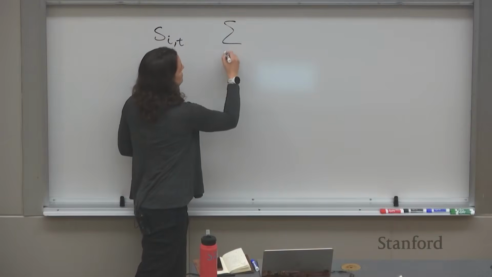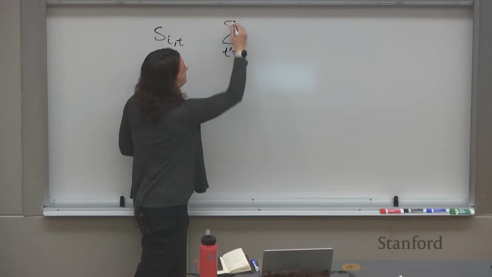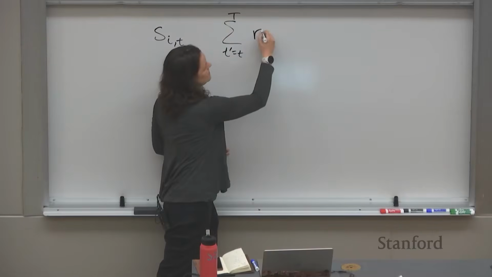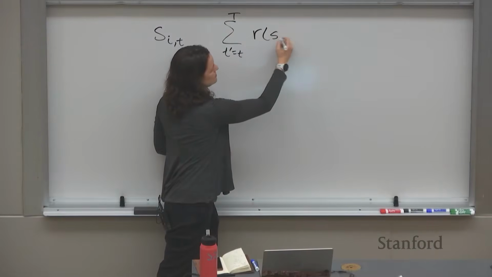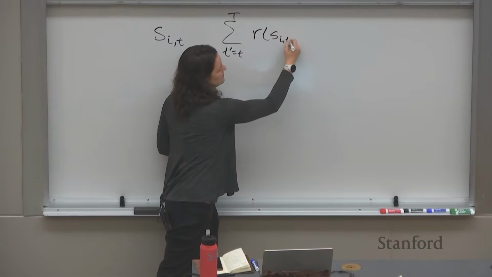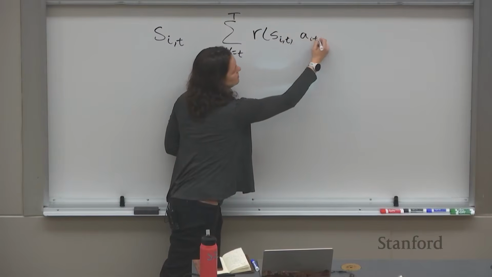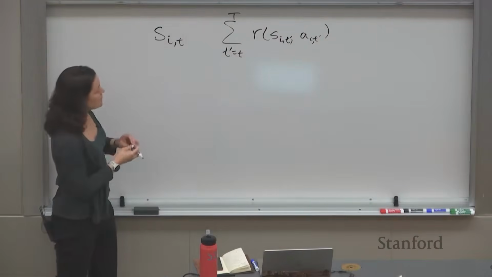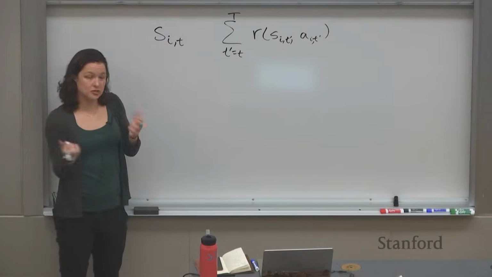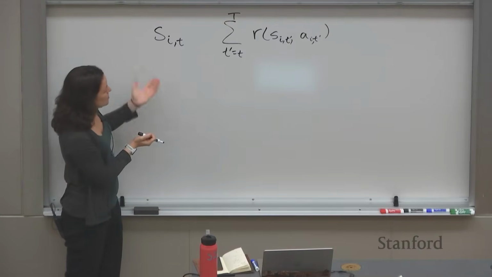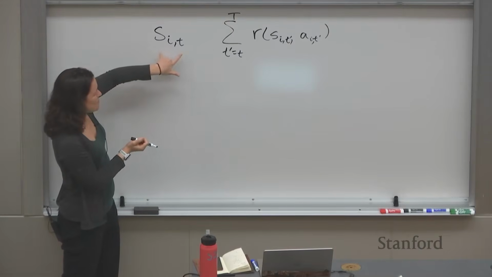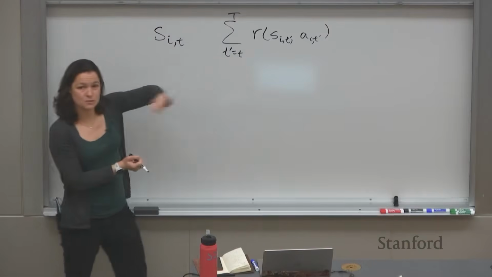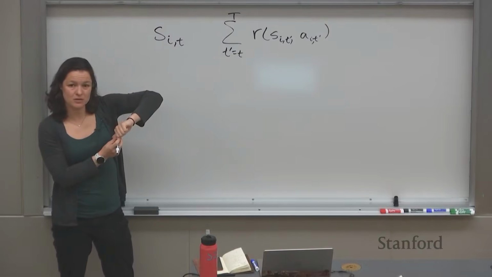So you'll have some sum of rewards that started at t to the end of the rewards of the states and actions that you visited. And if you aggregate all the trajectories in your data set, you can train a model to go from the state that you saw to the sum of rewards that was observed when you ran the policy.